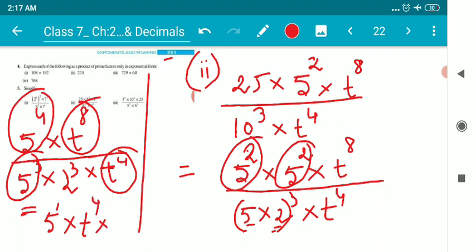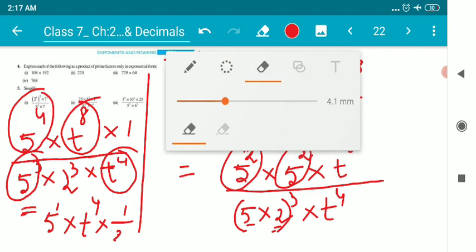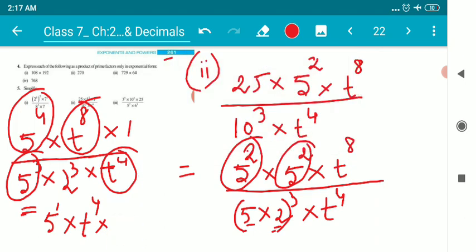Into, there is nothing in the place of numerator, so I can write 1, and down I have 2 to the power 3. So I'll write into 1 by 2 to the power 3. That is only my answer children. That's all. So my final answer is 5 to the power 1 into t to the power 4 into 1 by 2 to the power 3.